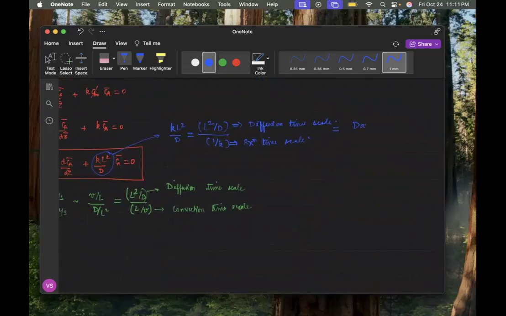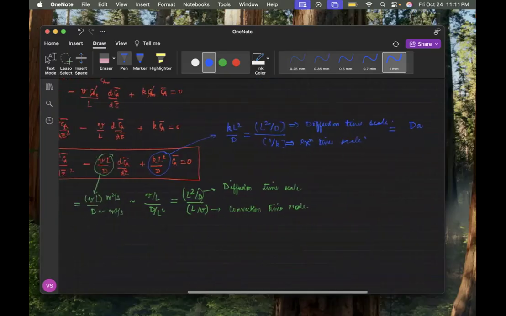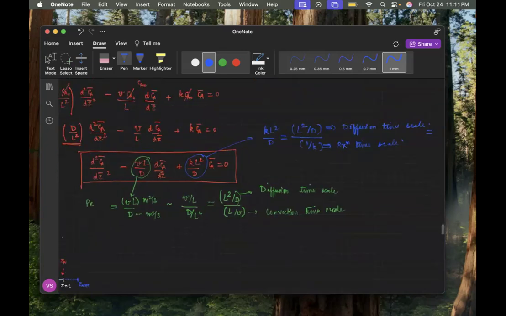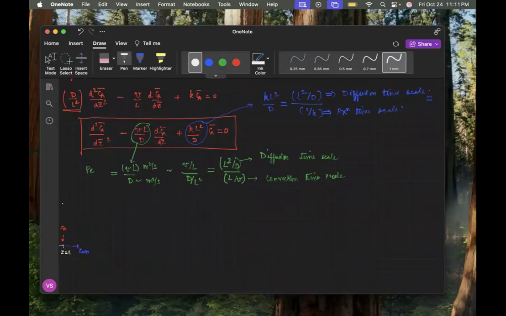So this is the Damkohler number. Once again, this is used for comparing how fast the diffusion is taking place compared to reaction, right? So these two are the parameters that we brought our equation in terms of, and both of them are dimensionless numbers. So that's a good way to write our equation.